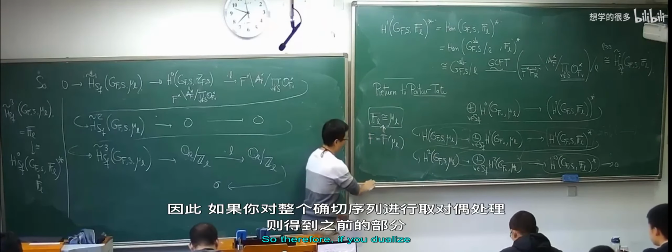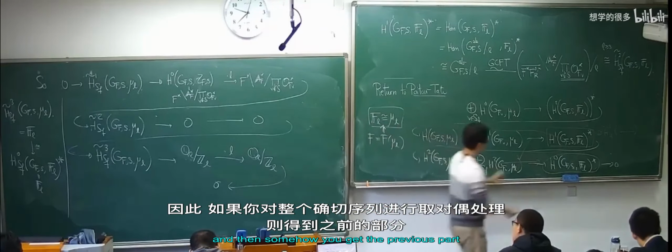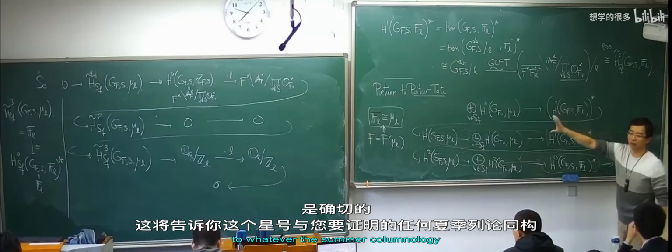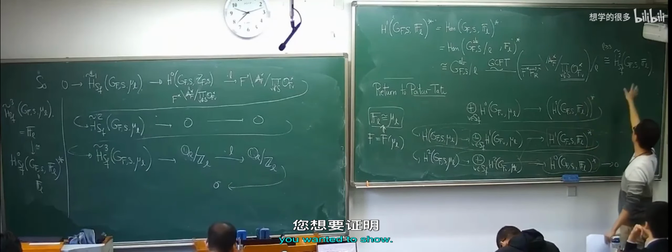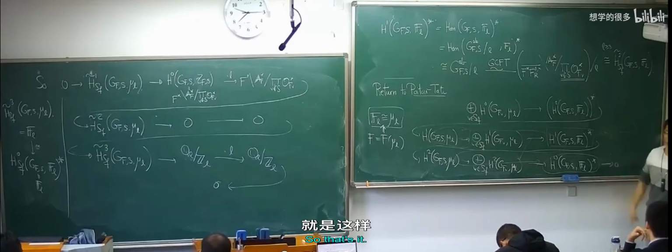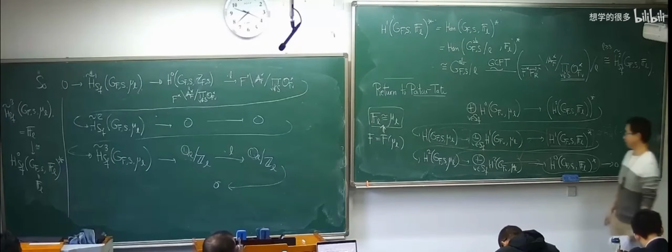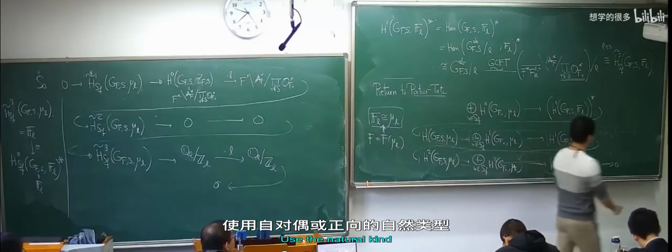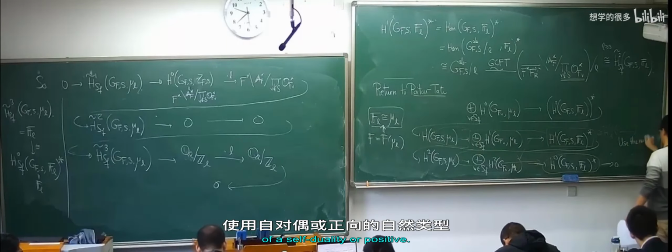So if you dualize the entire exact sequence, you get the previous part being exact, and that will tell you this star is isomorphic to whatever the Selmer cohomology you wanted to show. So that's it. Use the natural self-duality of the partial sequence.